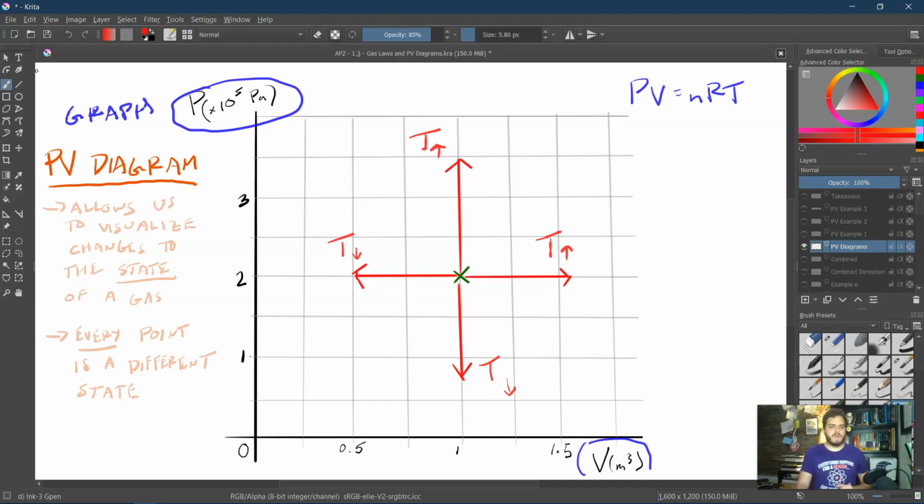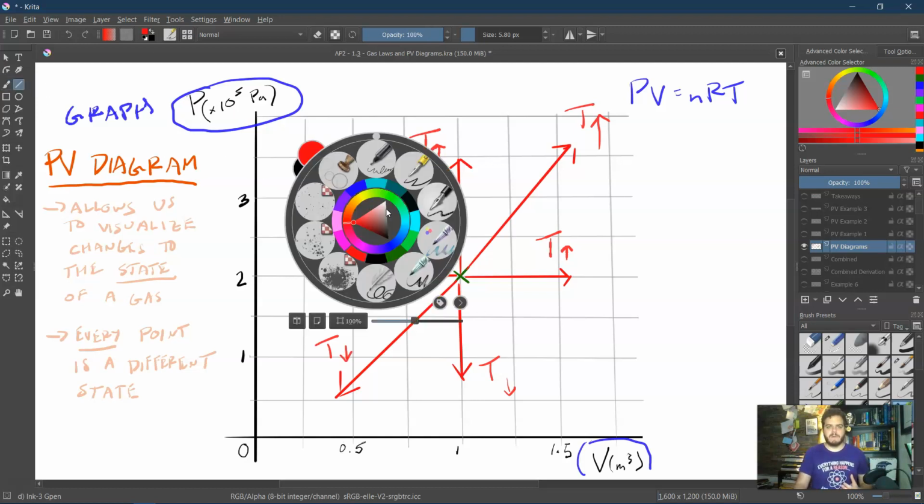In fact, this can go a little bit further. If I increase both the pressure and the volume, we know for a fact temperature is definitely going up. And if we go in the opposite direction, we decrease both of them, we know for a fact that the temperature is going down.